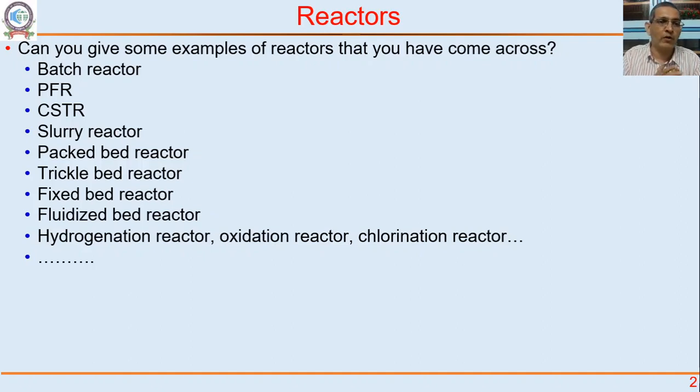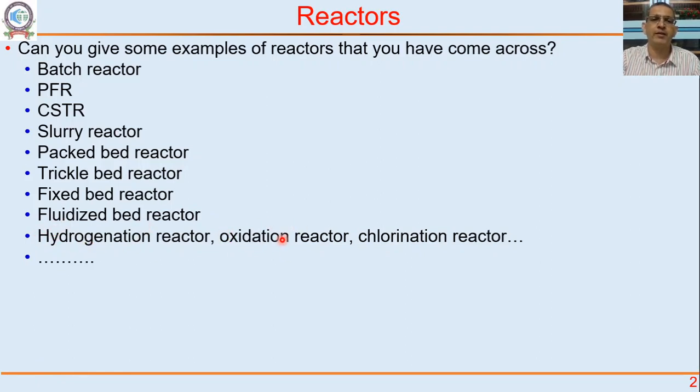You have come across all of these, or at least some of these, and these names are quite a diverse list. For example, if you say hydrogenation reactor, that means it involves reduction using hydrogen of some compounds.